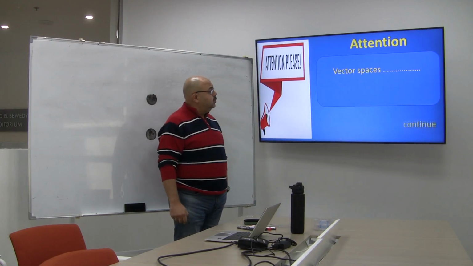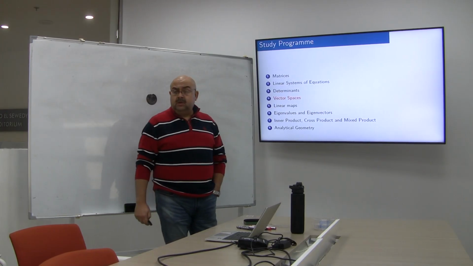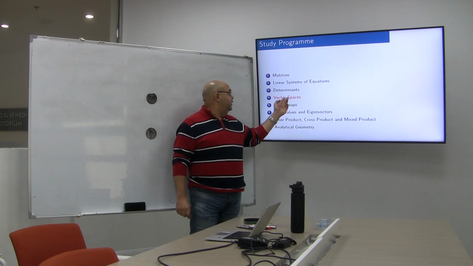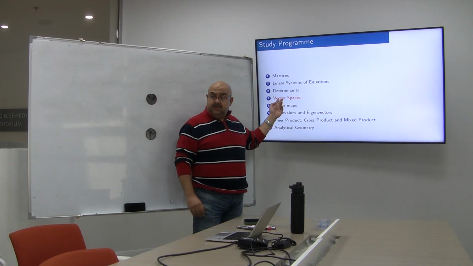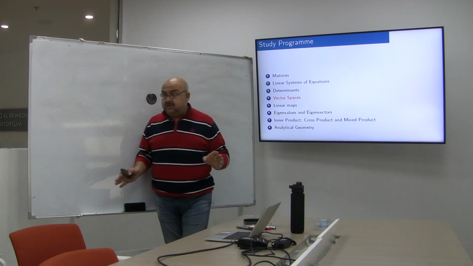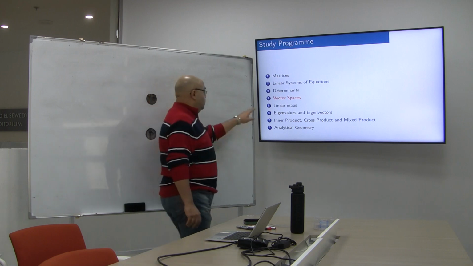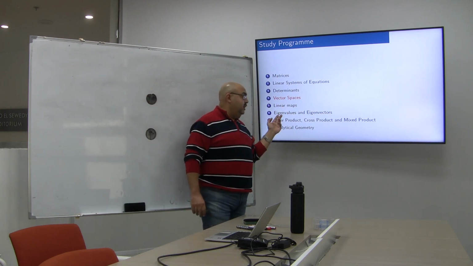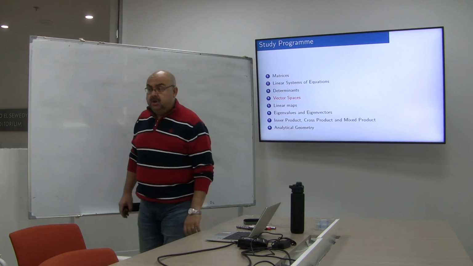As I told you, we will continue on the topic of vector spaces. This is the slide that I want to speak with you about. The coming exam will cover 4 chapters: the rest of vector spaces, because the first part we already have, but it will be included of course. So vector spaces, linear maps, which is really important, eigenvalues and eigenvectors, then the inner product and the part of analytic geometry.